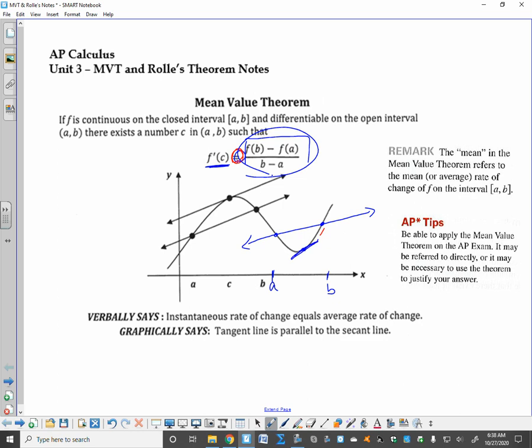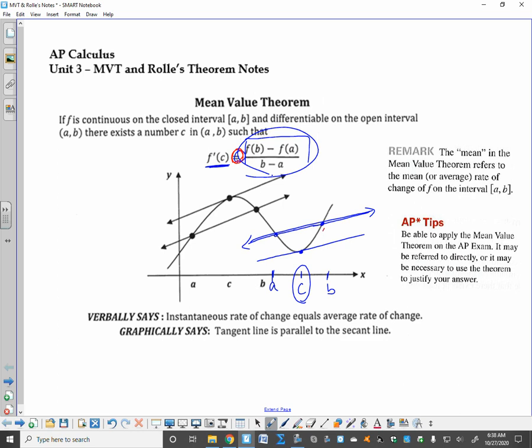So, oh no, that's too, see, that wouldn't work because that tangent line slope would be too steep. It's got to be parallel. They got to be equal. So more down here. So that the slope of the tangent line at C is equal to the slope of the, it's called the secant line because it goes through 2 points, or just your average rate of change. So the goal is to find that C where that happens.